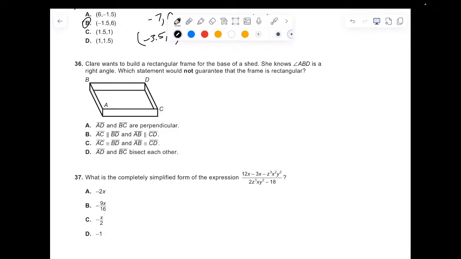Claire wants to build a rectangular frame from the base of a shed. She knows ABD is a right angle. Which statement would not guarantee that the frame is rectangular? Would not guarantee. AD and BC bisect each other. AD, BC. Right? Because you can have some kite.